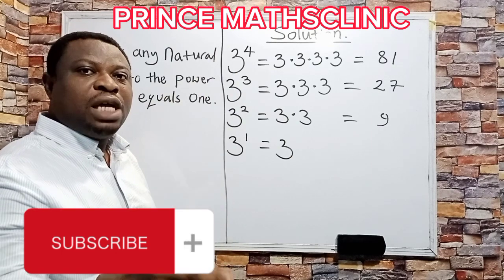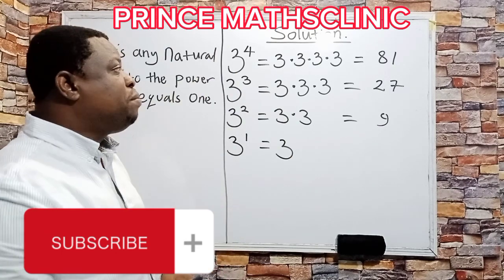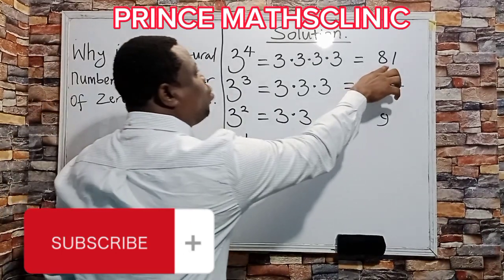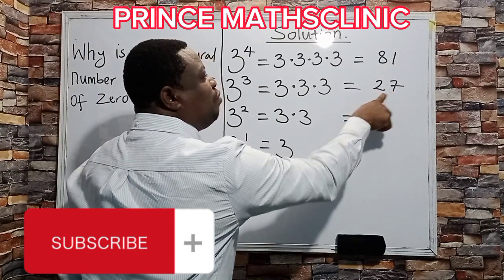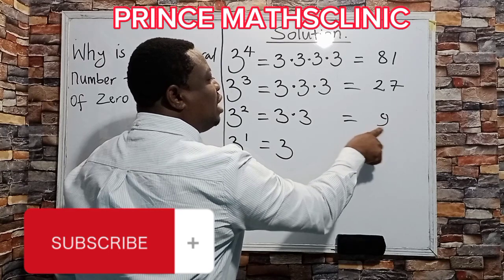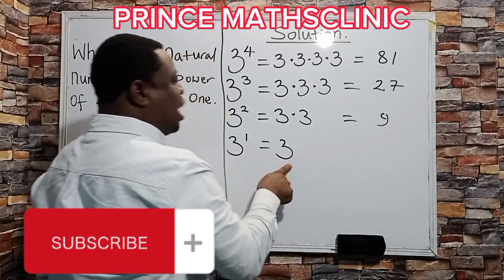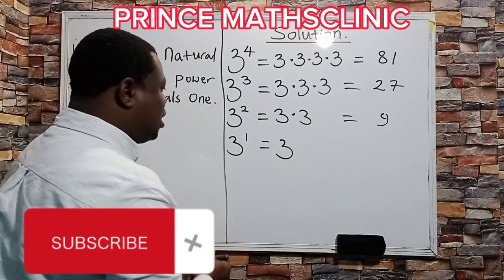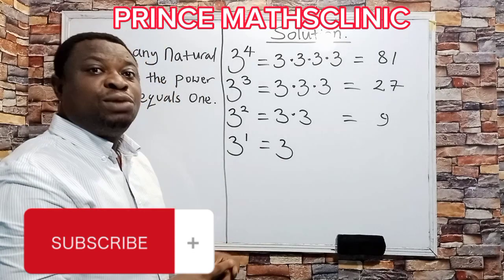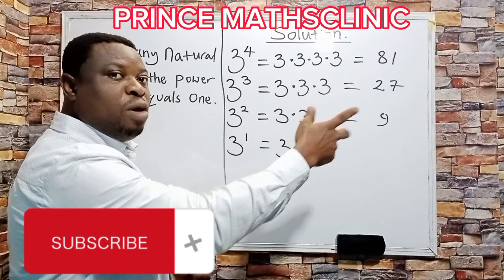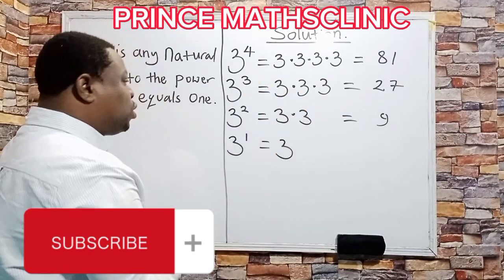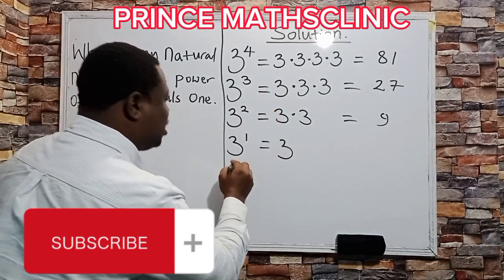How was that possible? It was possible because 81 divided by 3 gives 27, 27 divided by 3 gives 9, and 9 divided by 3 gives 3. So the operation was successful because we kept dividing all the numbers by 3.